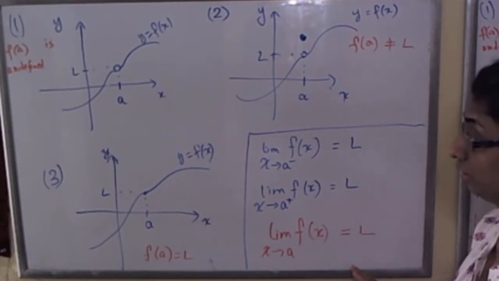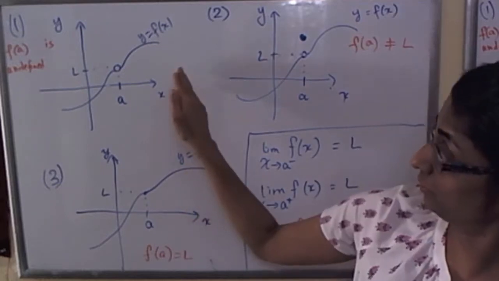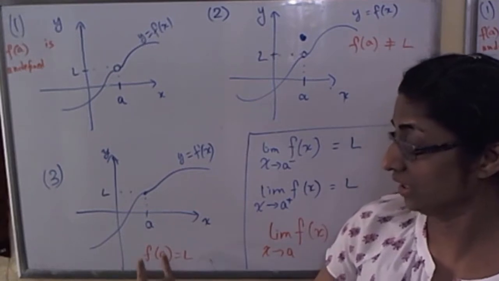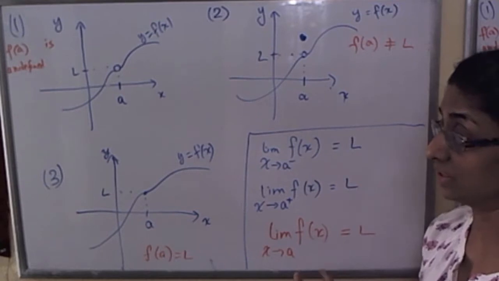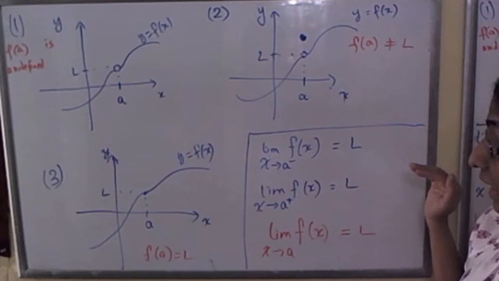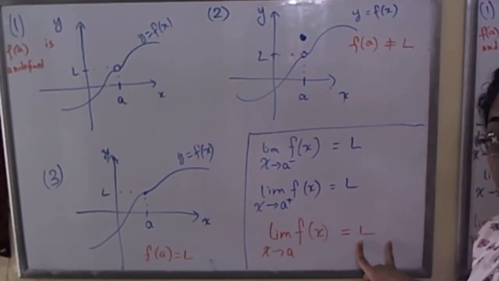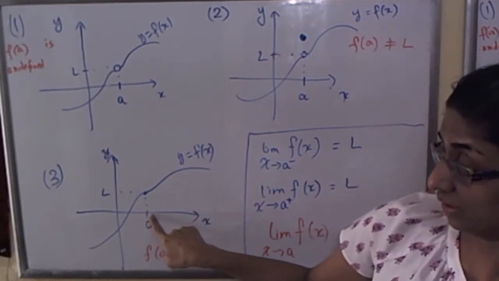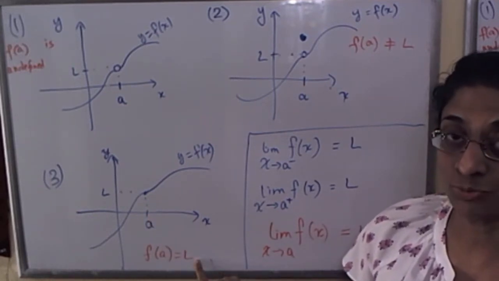It might occur to you that this example 3 is a little bit different from 1 and 2, because in this case f of A is defined and it is equal to the two-sided limit, and you're correct. So when the left-hand limit equals the right-hand limit, and thus the two-sided limit exists and is equal to L, and furthermore if the function is defined at that point A and f of A is equal to L, that is a very special case.